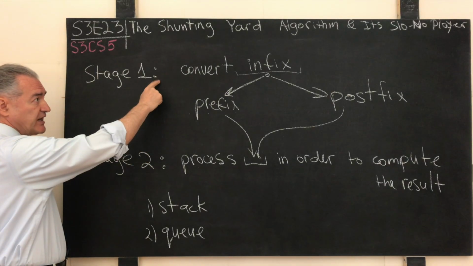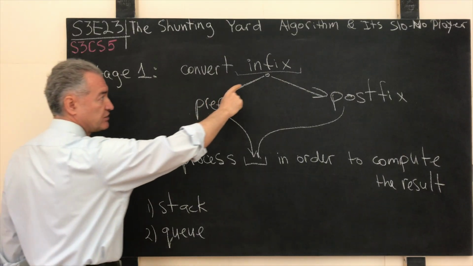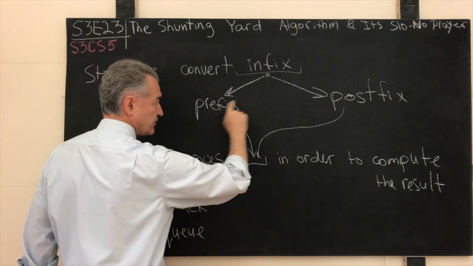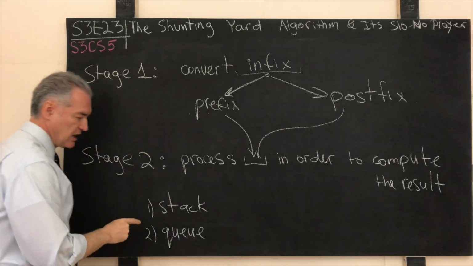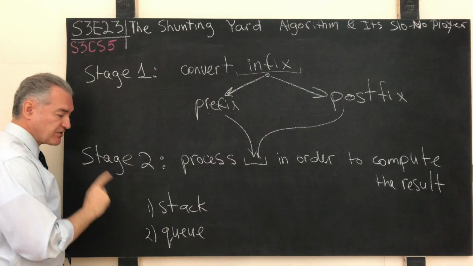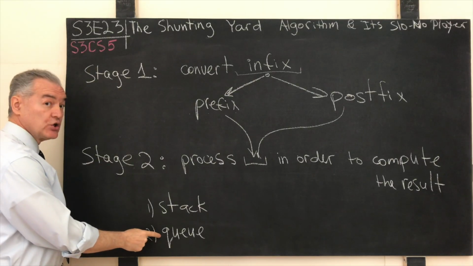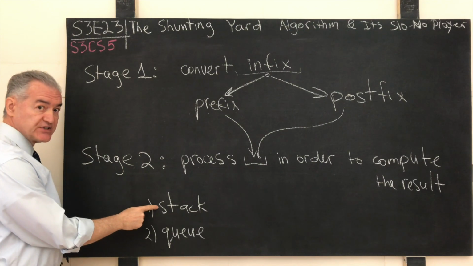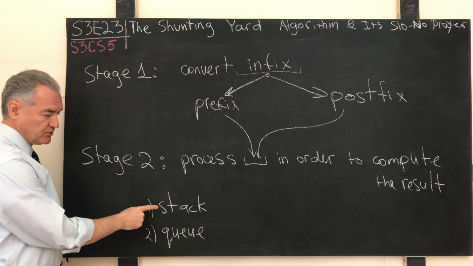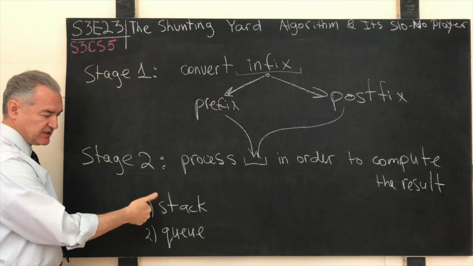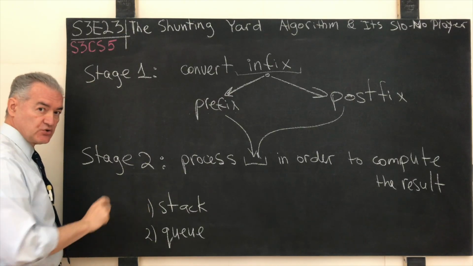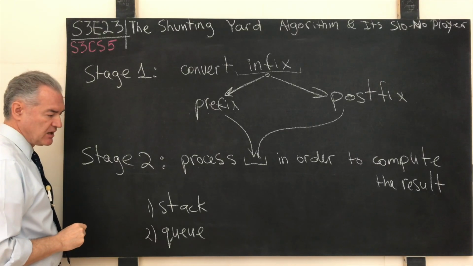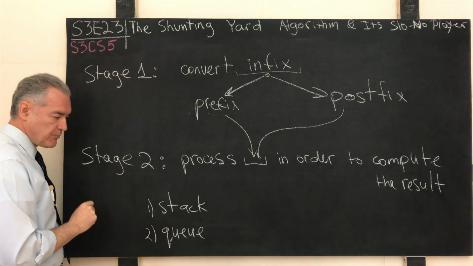In the first stage, when the material that is given in the infix form is converted into either the prefix or the postfix notation, the operands go onto the queue right away, but the operators go onto the stack. And the reason for that is because a stack is precisely a mechanism which is used to change the order of execution of arguments, or the operators.